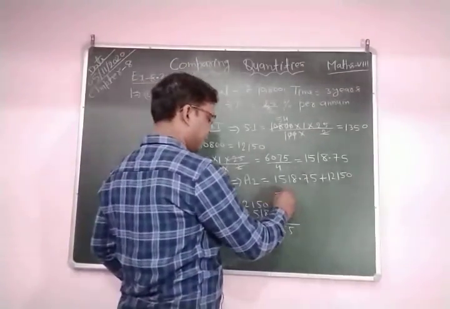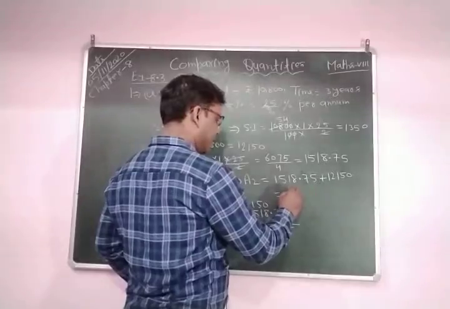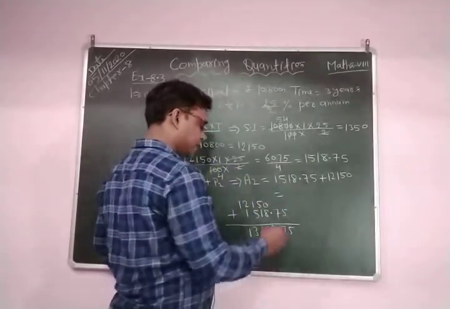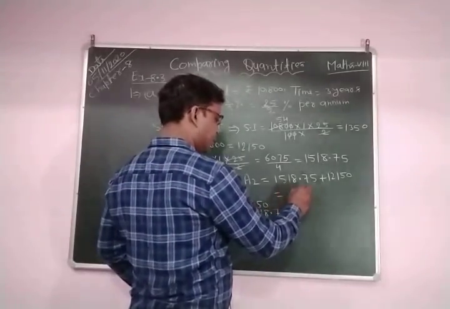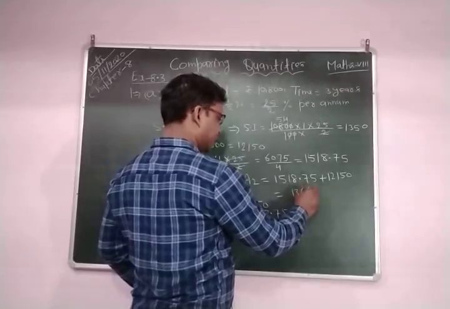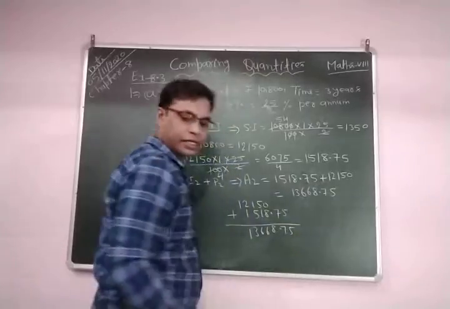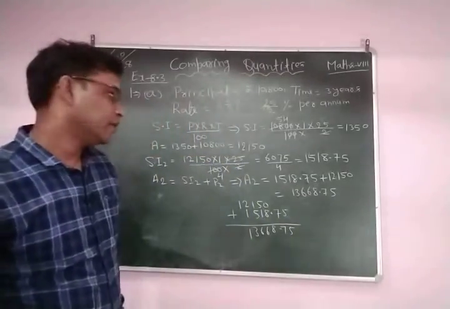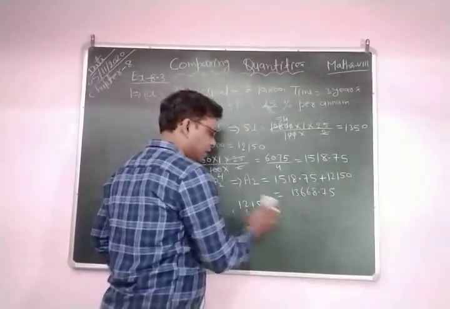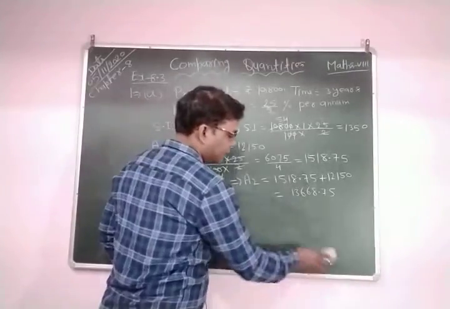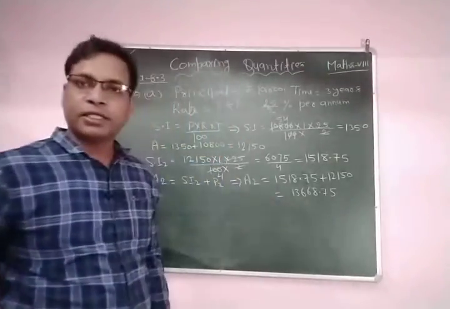So here we can find it. The amount for second year is 13,668.75 rupees. Clear? Now after this, amount is treated as the principal for third year.